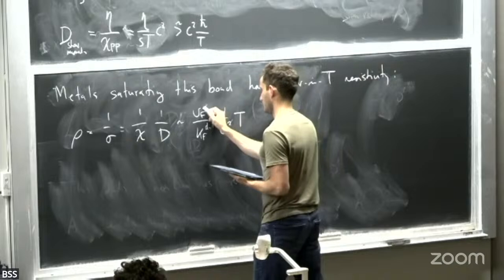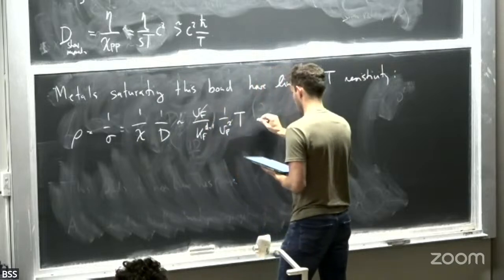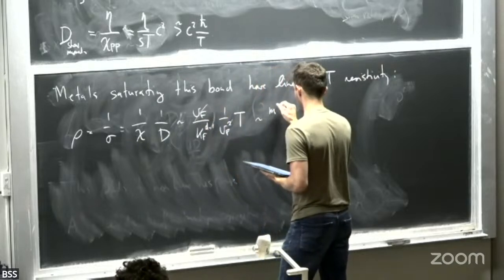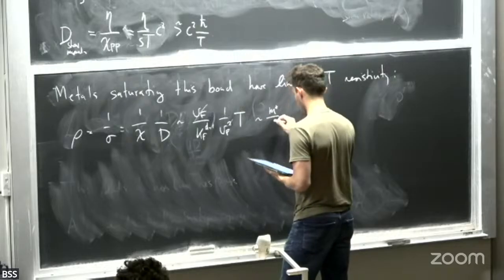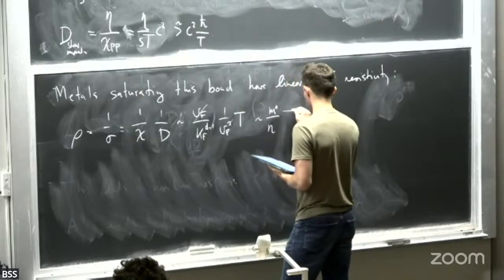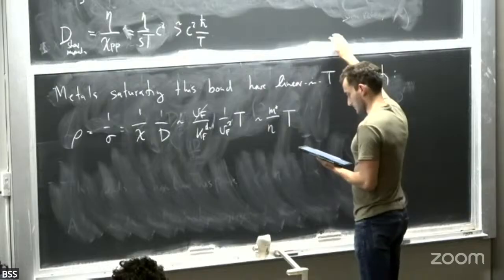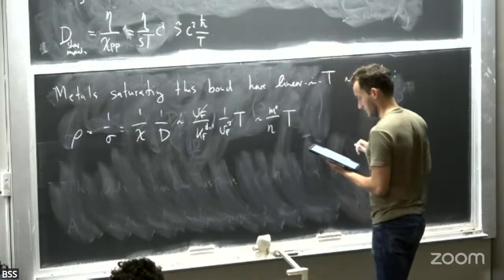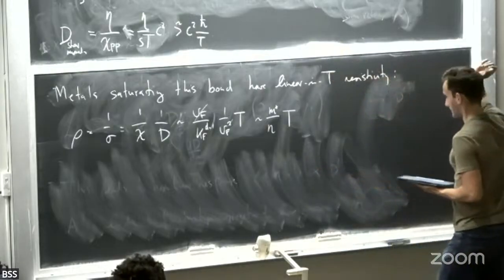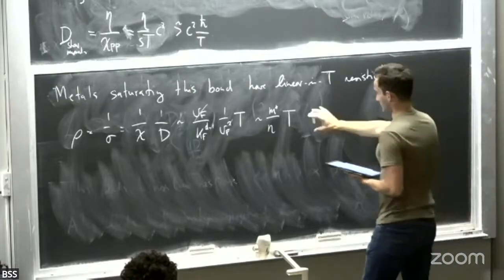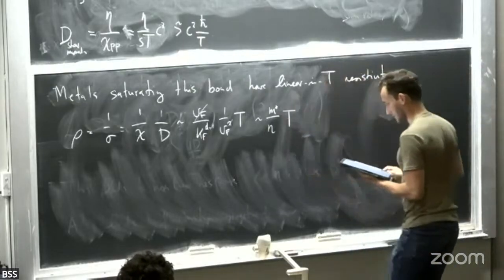So these things simplify, and you can write it in terms of the effective mass and density, like in the Kubo formula. Going back to the Drude formula that Debanjan wrote, you would identify this as a kind of Planckian transport time.